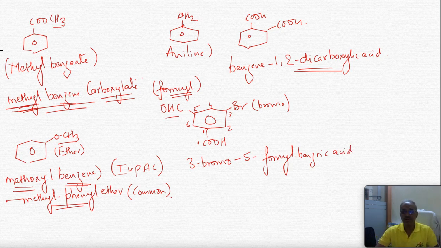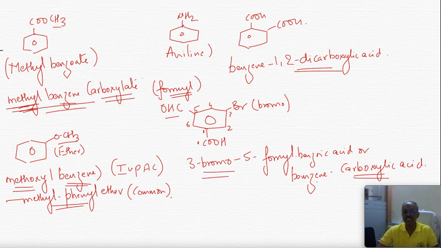Or you can also say 3 bromo 5 formyl benzene carboxylic acid. Right? 3 bromo 5 formyl benzoic acid or benzene carboxylic acid. Now, we'll see one more example.